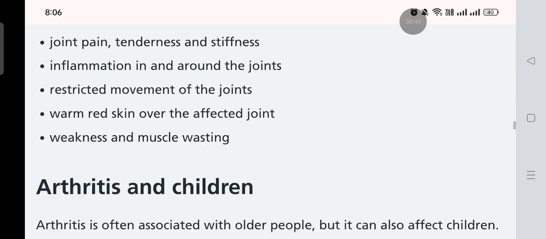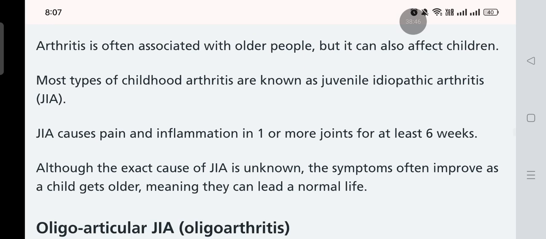Arthritis and children. Arthritis is often associated with older people, but it can also affect children.